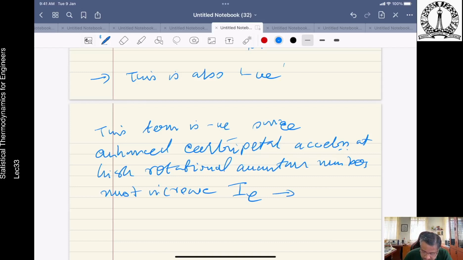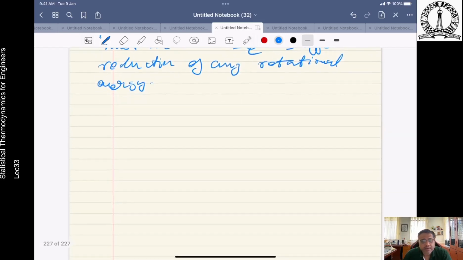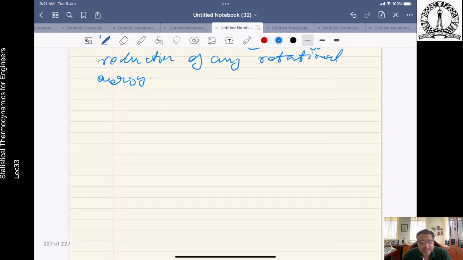Therefore, this leads to effective reduction of any rotational energy. So D_e is not the same as the binding energy.